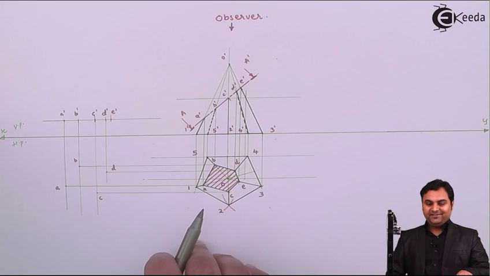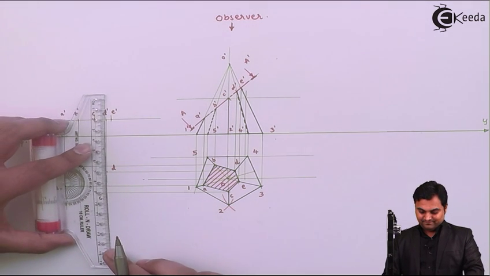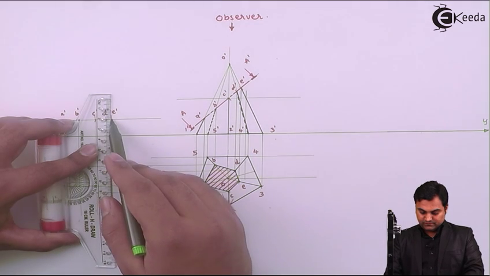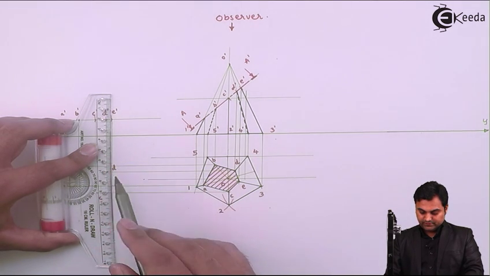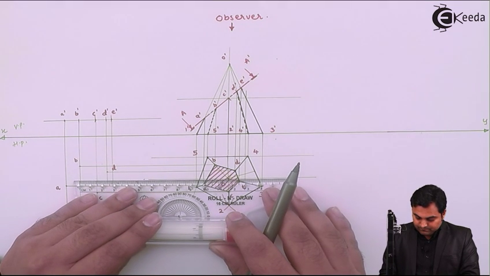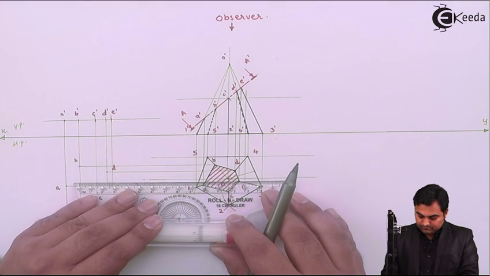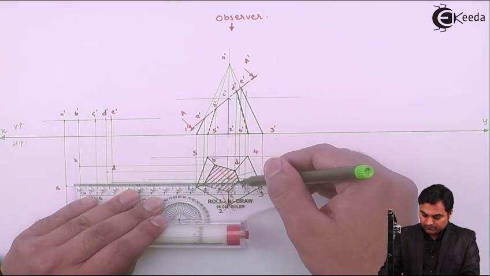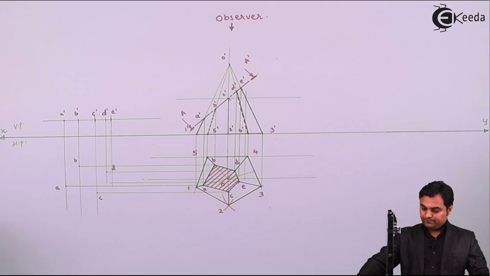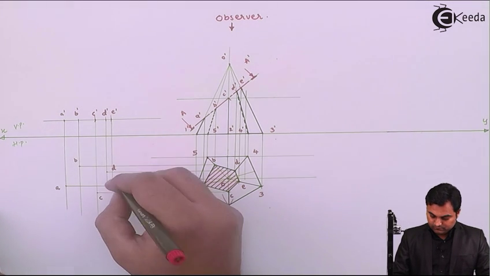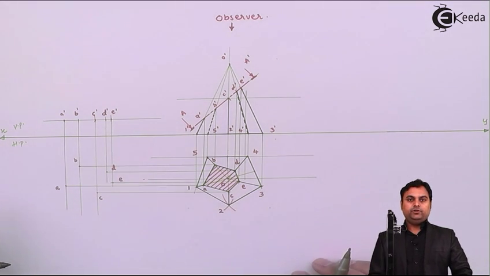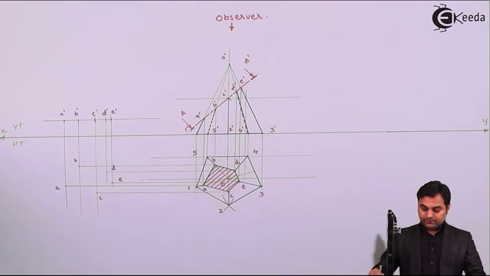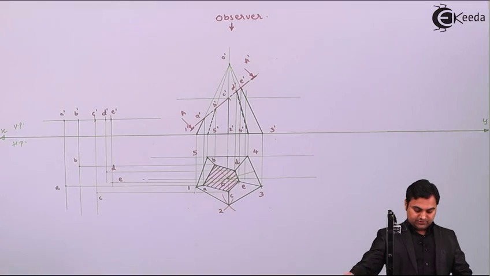At last point E. So E dash is projected light. And here we have point E, where they intersect. That will give me point E. Now joining all these points in the sequence with the help of light line first.